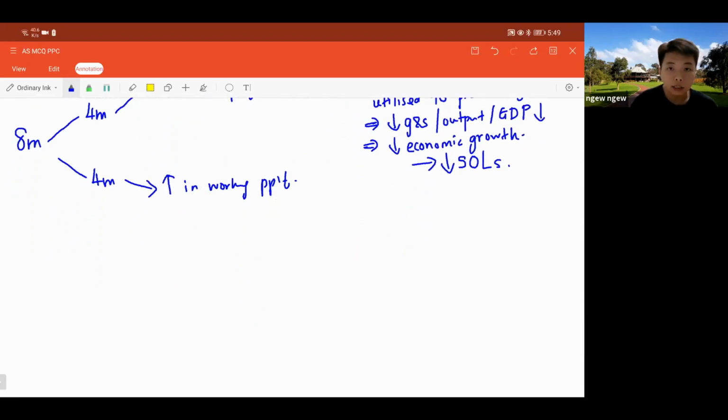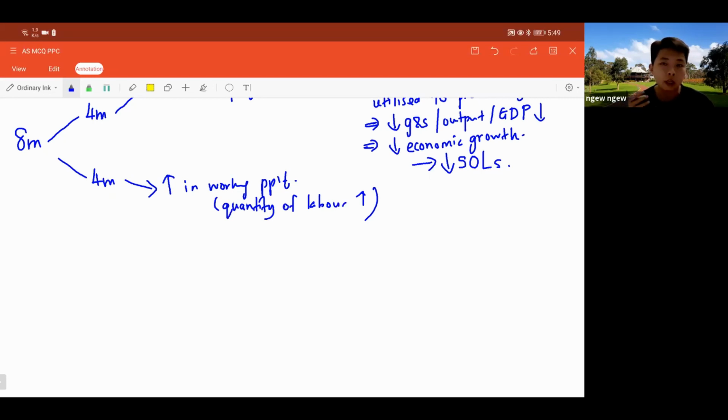They say a rise in working population. So guys, you need to have that kind of understanding whereby quantity of labor rises, which means there are more people that can work in your country. And as what we have learned in our previous video, so we talk about what is meant by productive capacity.